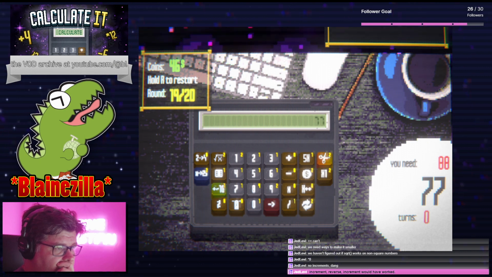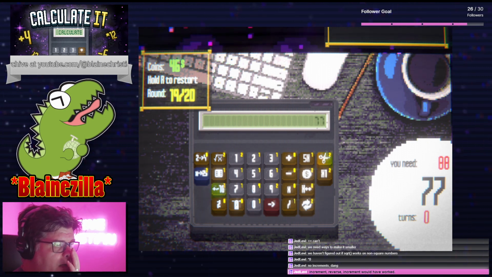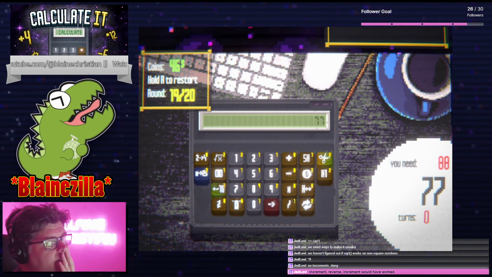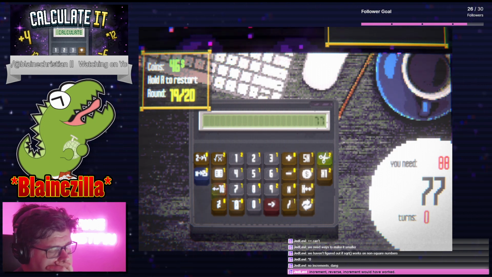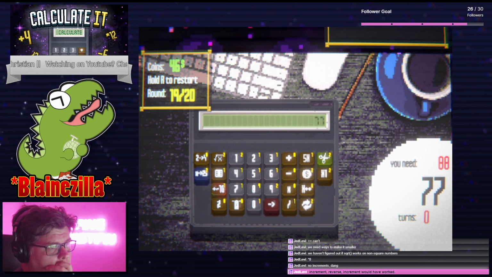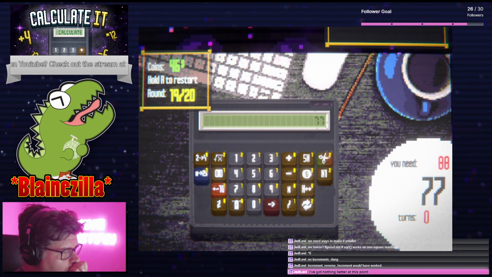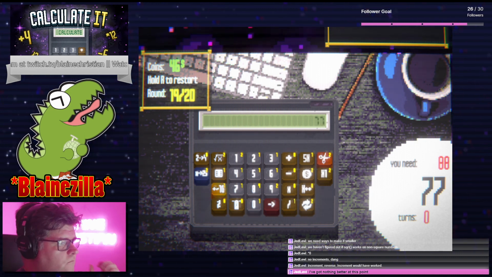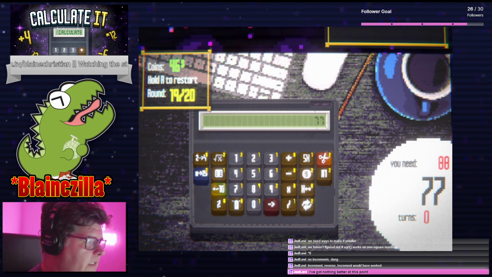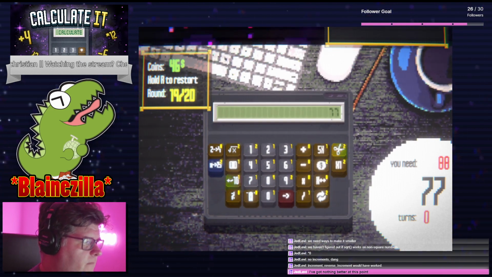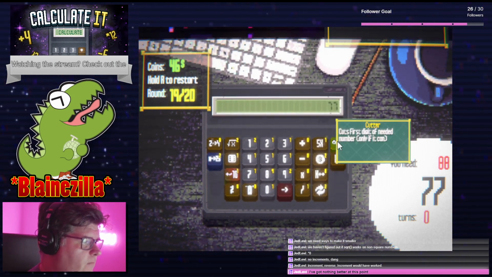Speaking of which, we had the money button that would get us from 77, 46, 153. No, 140. 123. That doesn't help. All right, I'm leaning towards that's probably what we got.